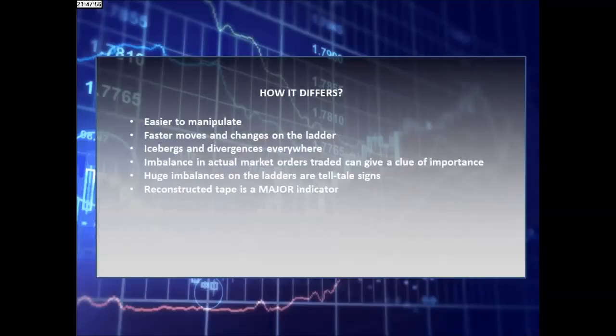But a little bit later about how it can be traded. So remember, huge imbalances on the ladder are important signs, but only at the right places. It does not matter in the middle of nowhere.